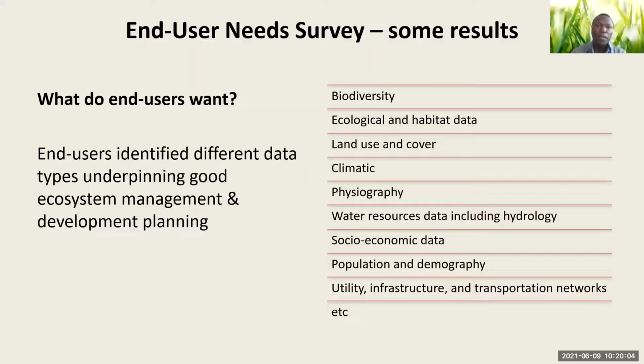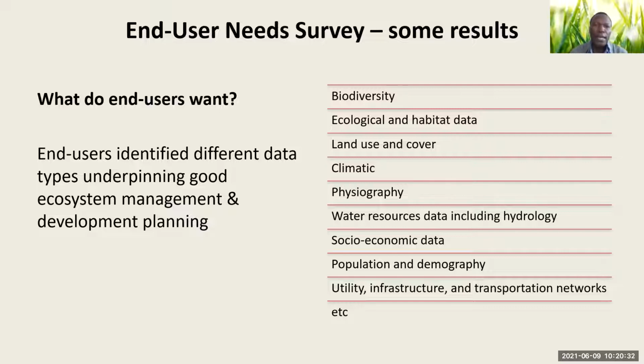So when we started this project, we did a user needs survey to understand the users, and also to know what it is that they would like to see. And I will just present some of the results in terms of what the potential users and stakeholders told us.